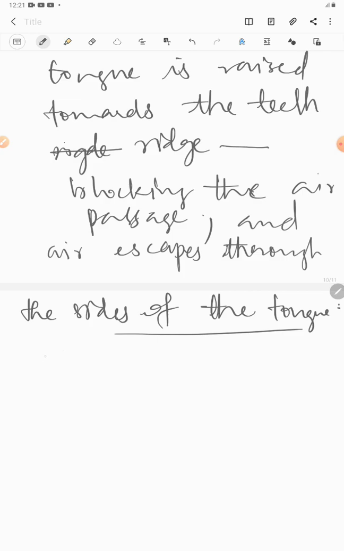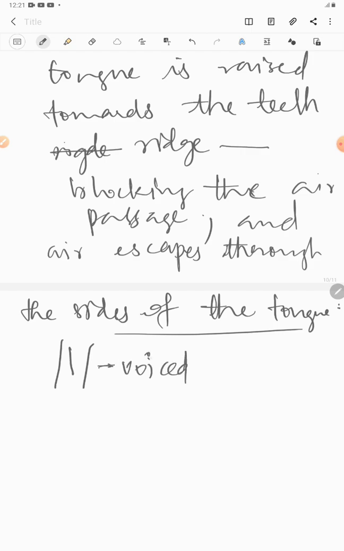There is only one lateral sound in English, and that is l. L is the only lateral sound in English. How can you write the three-term label of the lateral sound? A lateral sound is a voiced sound.